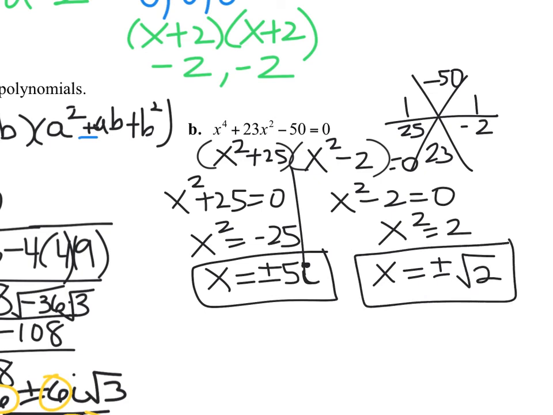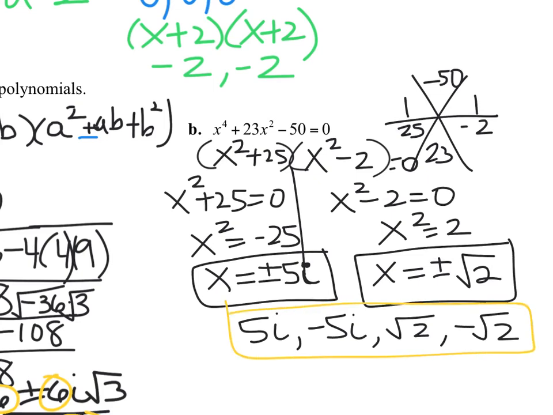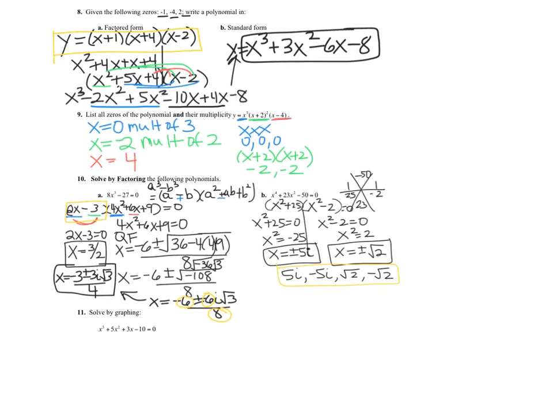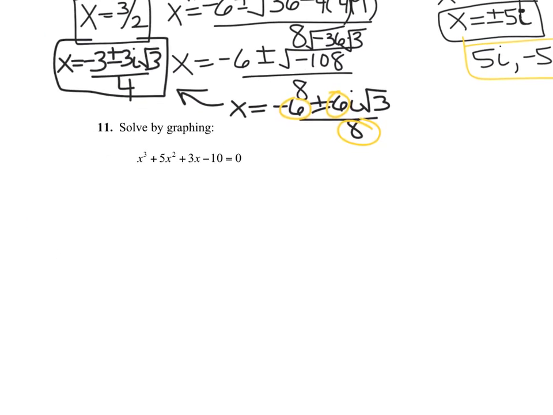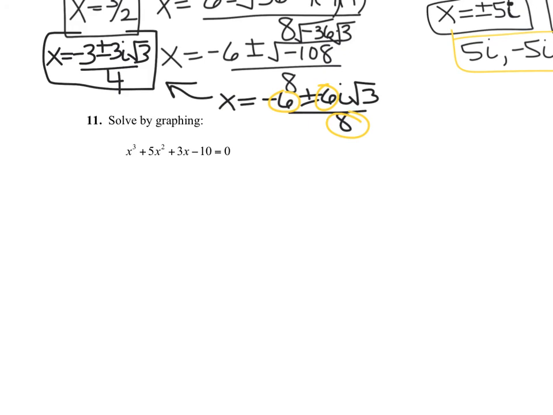So those are my four answers. I have 5i, negative 5i, rad 2, negative rad 2. You don't need to list them like that, but if you wanted to list them all out, you could. But that's 4 answers.